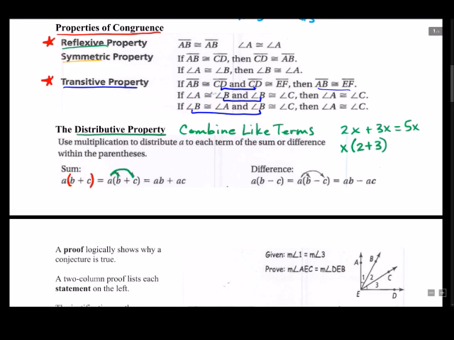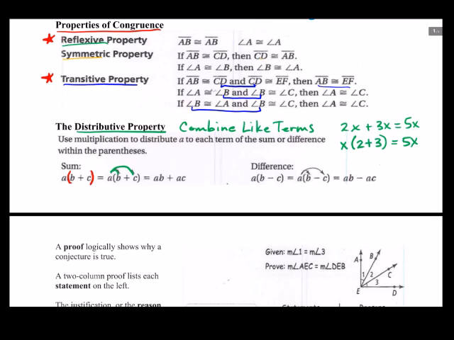Because x is common to both. This is factoring. You should remember factoring. So we are adding our coefficients and then multiplying by our variable. So you can see the distributing in there. Combining like terms is the distributive property. Pretty nifty, huh?